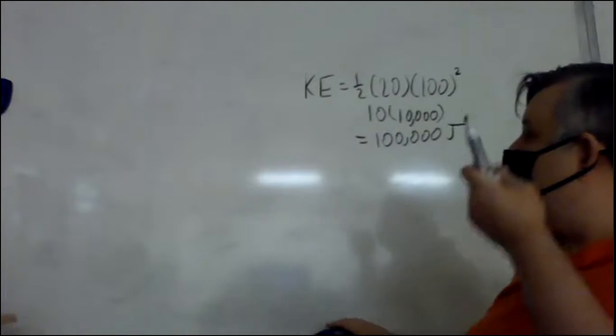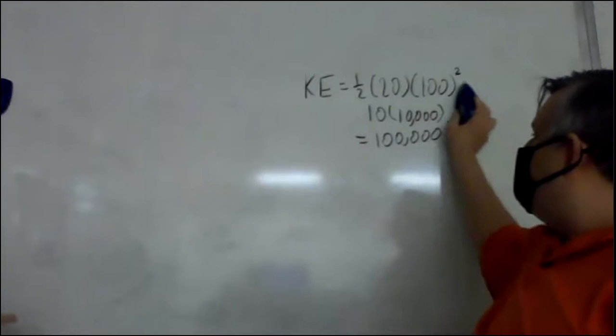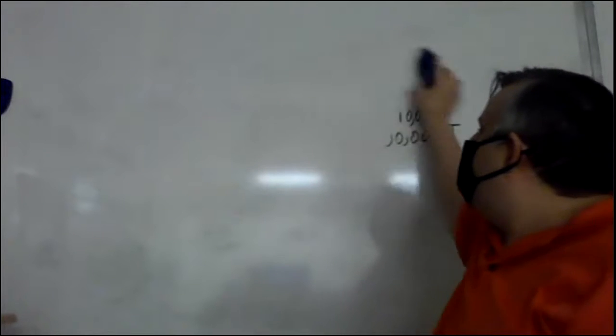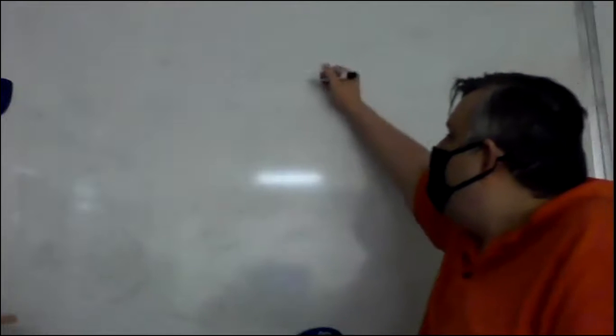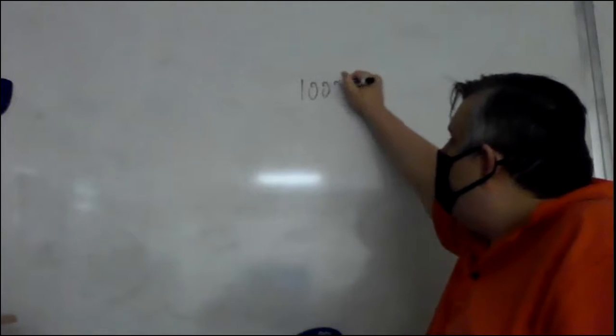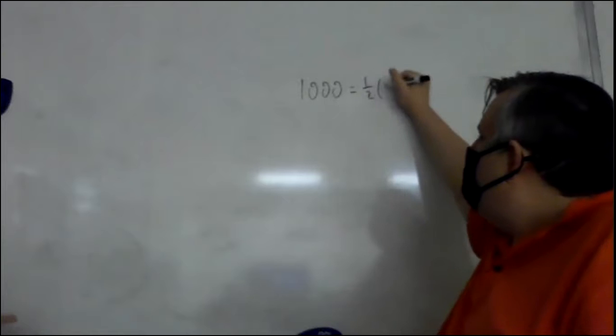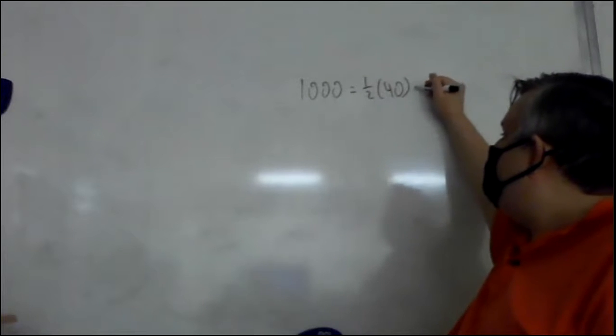The next problem I'm going to do is another kinetic energy problem. This time it gives me the kinetic energy. It says that I have a 40 kilogram object with a kinetic energy of 1,000 joules. So I have the kinetic energy, I have the mass.